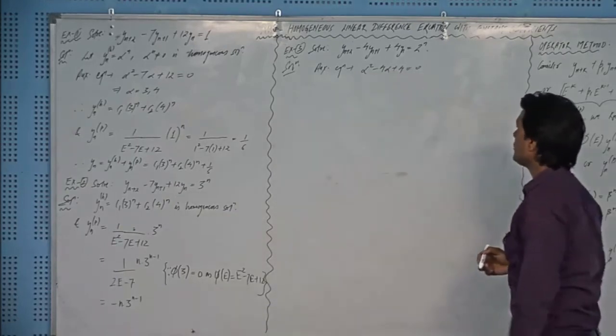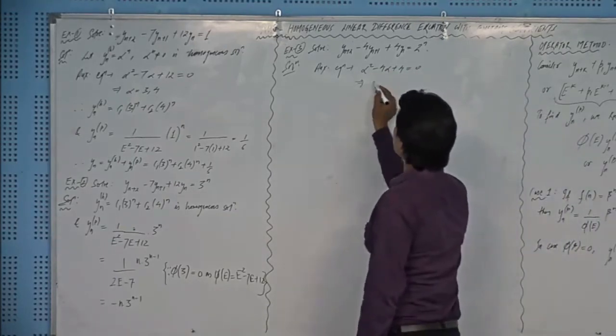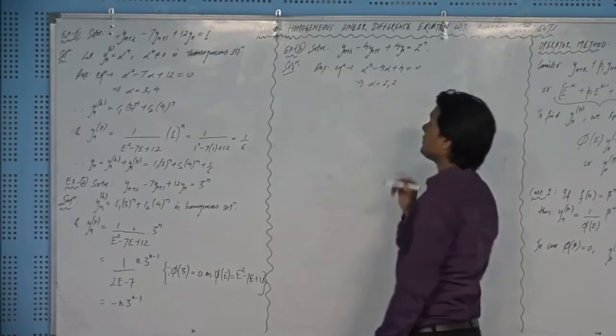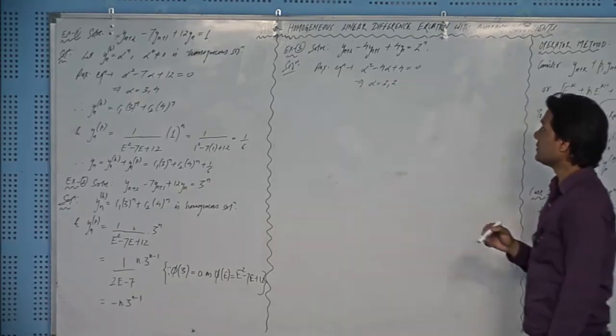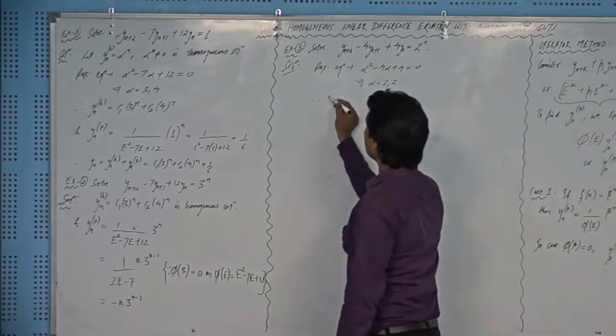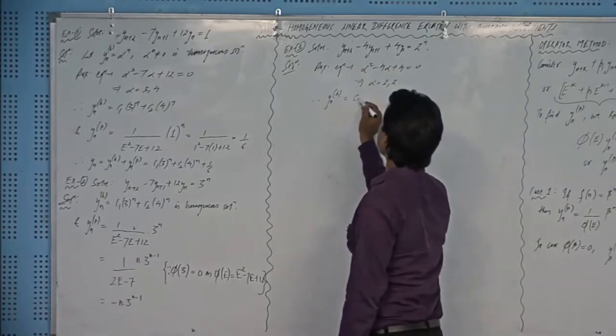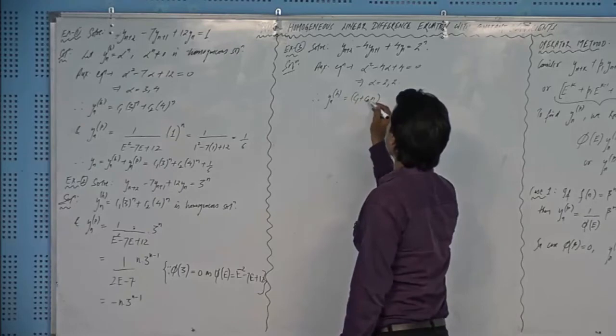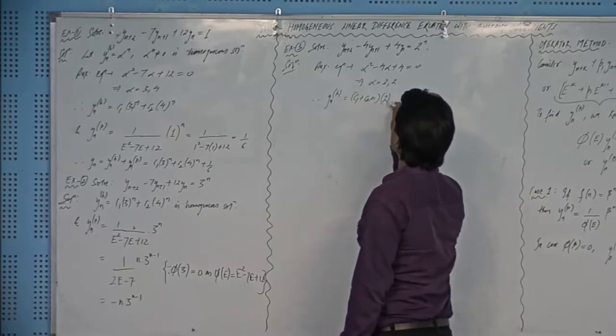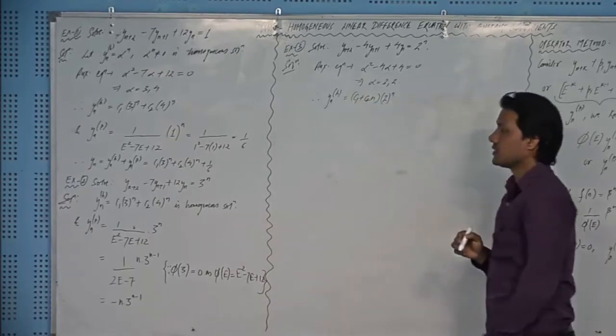That will produce alpha equal to 2 and 2, repeated roots. And when you have repeated roots, your homogeneous solution is written this way: (c1 plus c2 n) multiplied by 2 to the power n is the homogeneous solution.